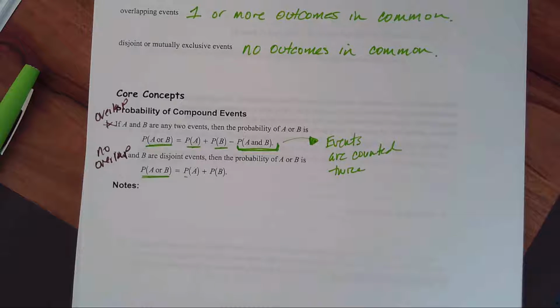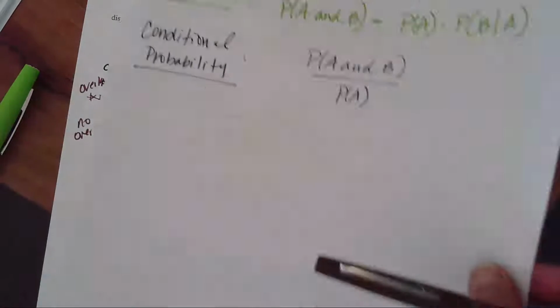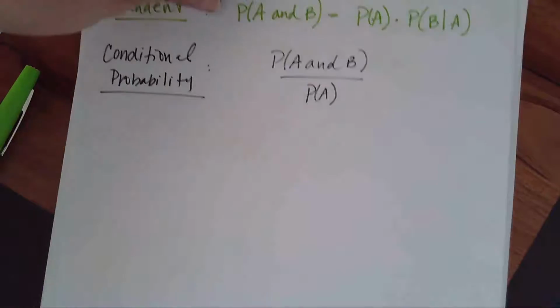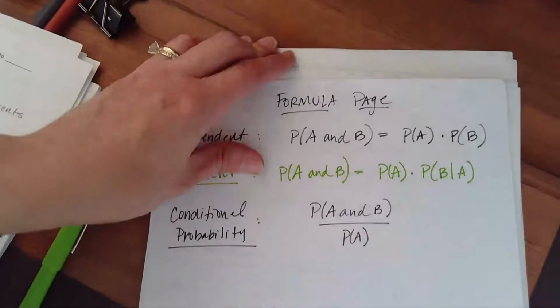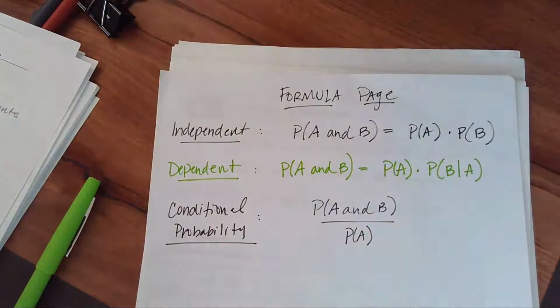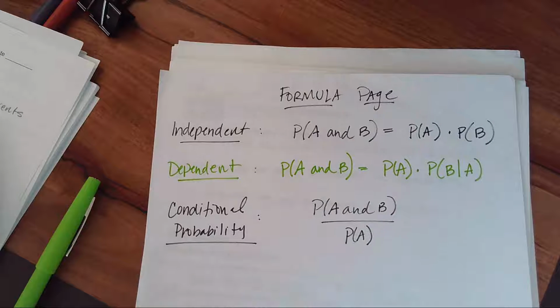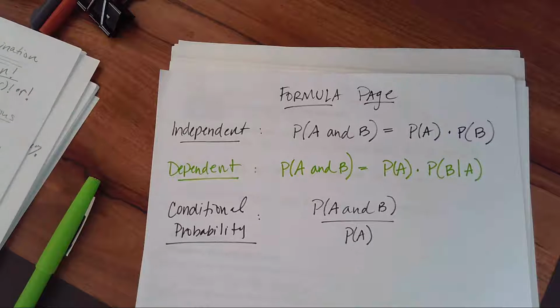There's a couple others. Let's go ahead and add this to our page. If you've been doing a formula page, you should have our independent and our dependent formulas. Now what we're going to add are our compound events.